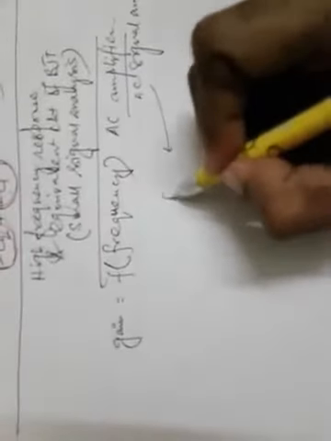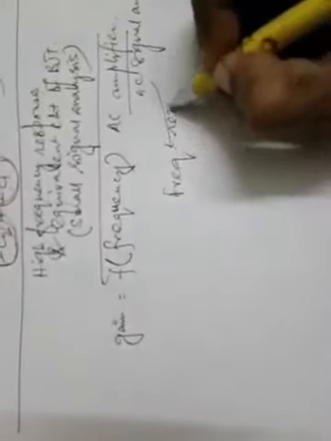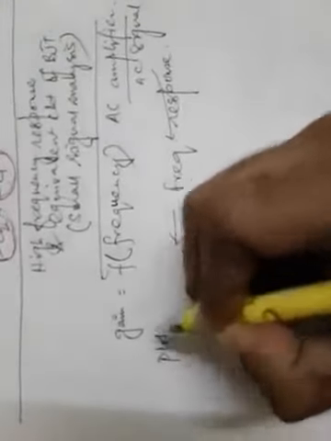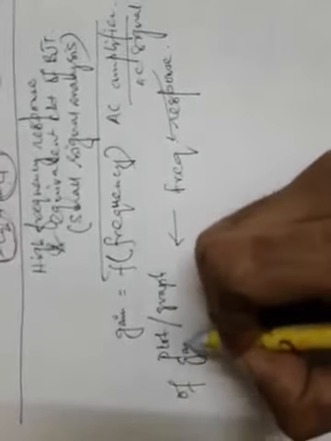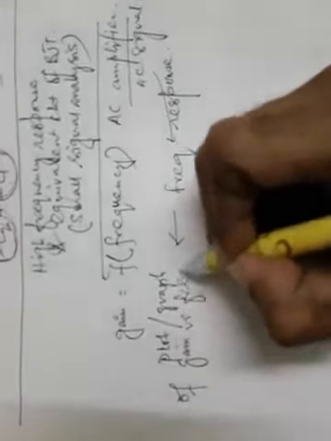The frequency response of this AC amplifier is the plot or graph of gain versus frequency, where frequency is plotted on the x-axis and gain is plotted on the y-axis.